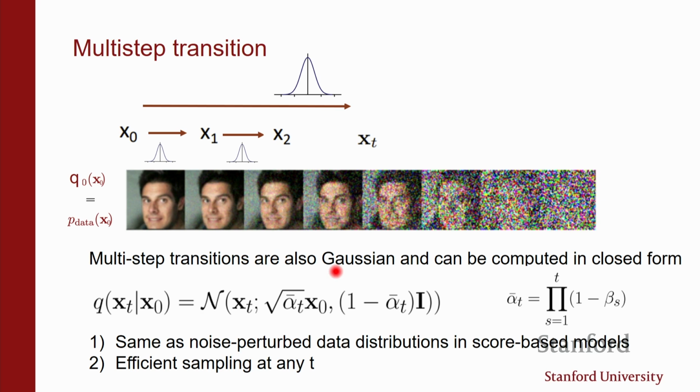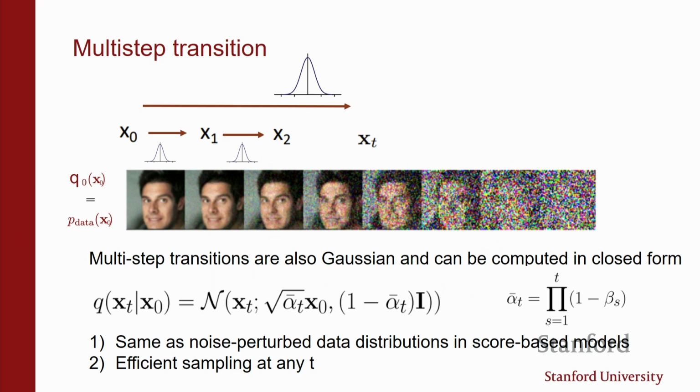And if you choose the parameters in the right way, this is essentially the exact same way we were generating training data for our denoising score matching procedure. Remember, in the denoising score matching procedure, we were taking clean data and adding different amounts of noise, corresponding to different time steps or different noise levels, sigma, generating all these different views of the original data, corresponding to different noise levels.